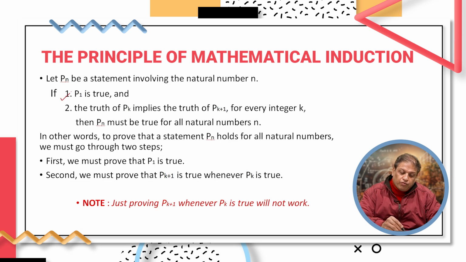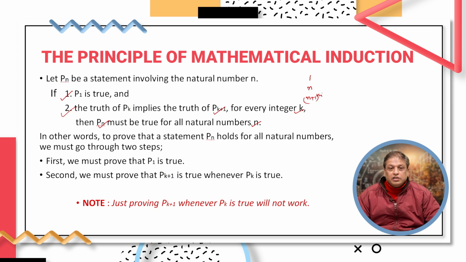Then, if P1 is true, and the truth of Pk implies the truth of Pk plus 1 for every integer k, then Pn must be true for all natural numbers n. So that means we are supposed to verify the statement for the first instance, then for the nth instance, and then for the n plus 1th instance also.